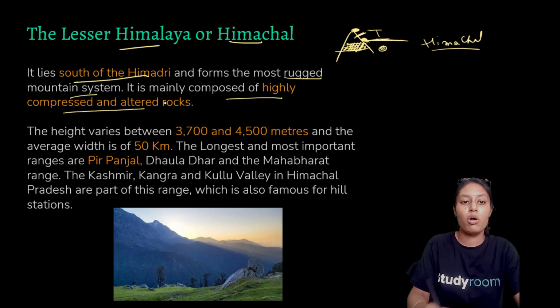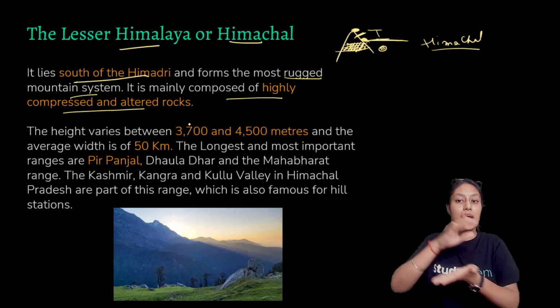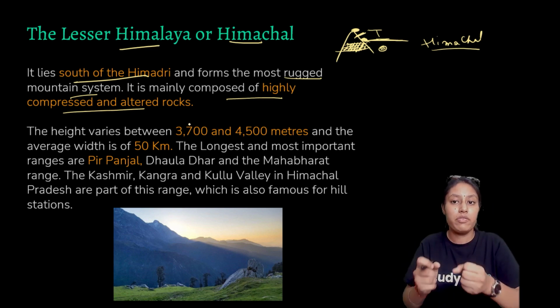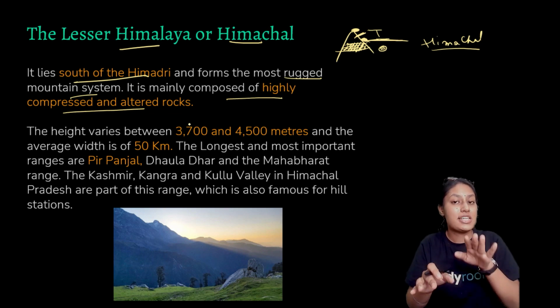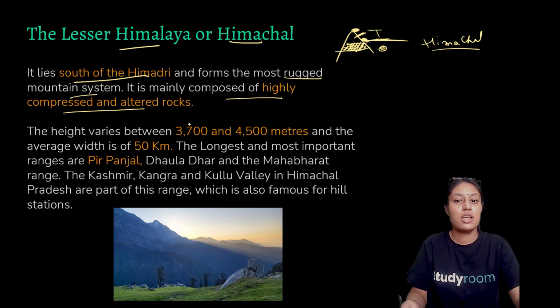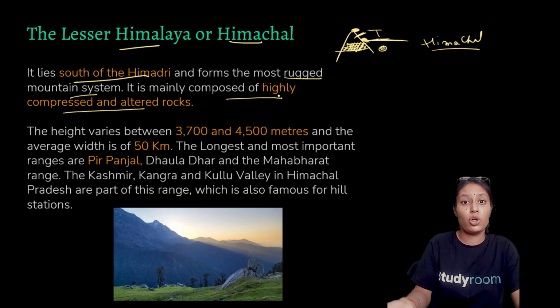So it is composed of highly compressed and altered form, because it has plateaus, it has mountains. That is the reason it's called rugged as well.